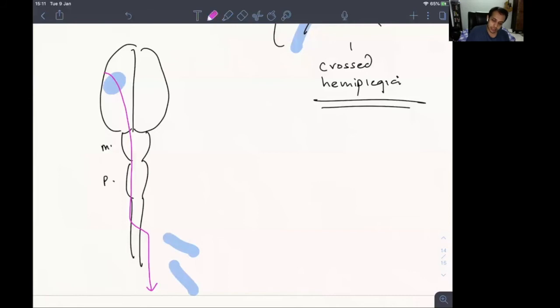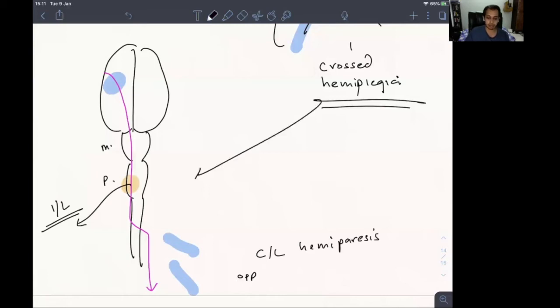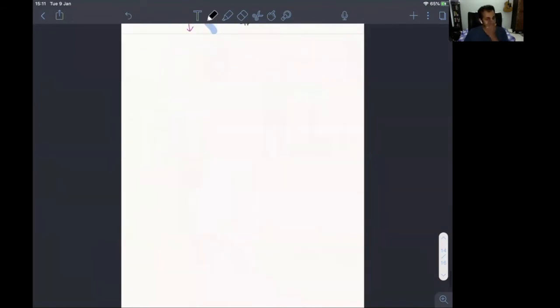But supposing there is a lesion at the level of the pons, then the hemiparesis will still be on the opposite side, but the facial nerve involvement will be on the same side of the lesion. Okay, so ipsilateral facial and contralateral hemiparesis. And this is called crossed hemiplegia. Okay, so that completes the approach to where is the lesion.